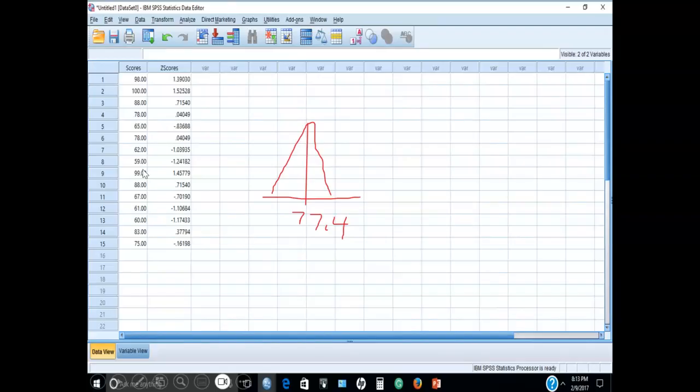The guy who had 59, 1.24, and 99, 1.45 above the mean. So this is how you can tell who's who and where they stand.